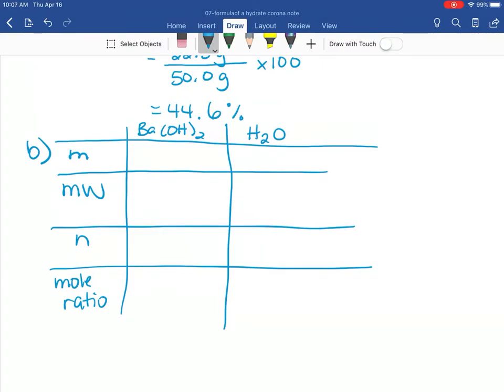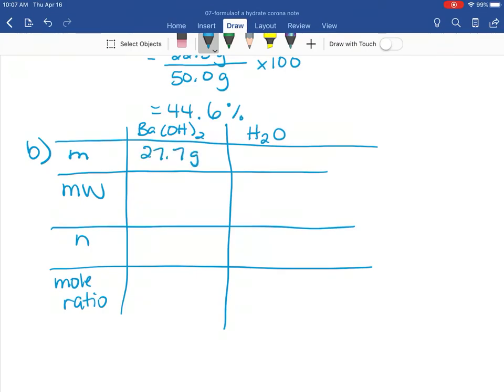But on a paper pencil task, the coefficient in front of the barium hydroxide should end up as 1, and then the water will be some kind of whole number, so you can kind of check your answer. So I'll write that down when we get to the bottom, okay?